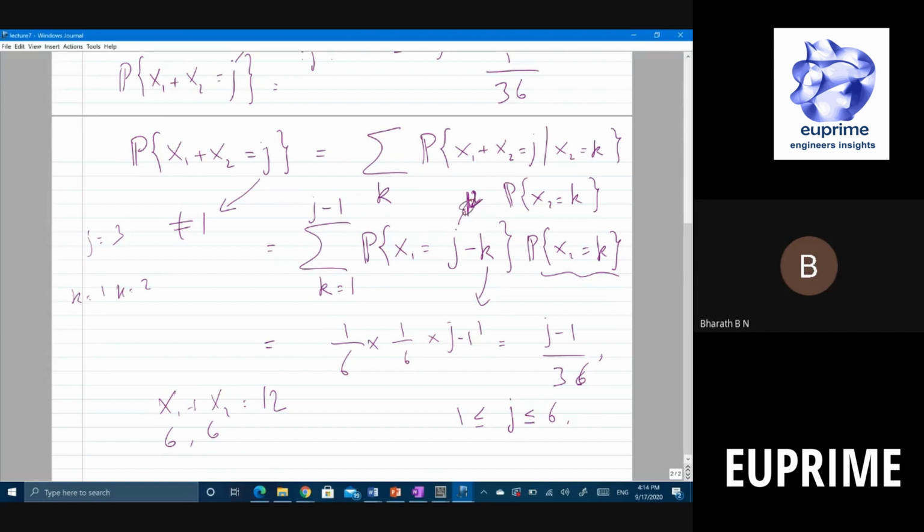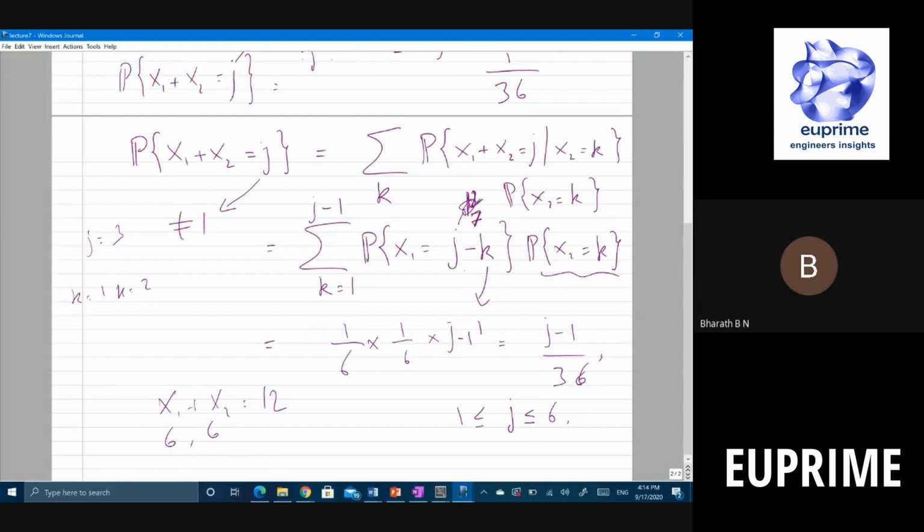For example, if this is 7, k can go from 1 to 6, 1 to 7, 1 to 8, and so on, right? What did I miss here? Sir, if j is greater than 6, then this term, the probability of x2 equal to this k, will become 0, sir. If j is 7, k cannot be.